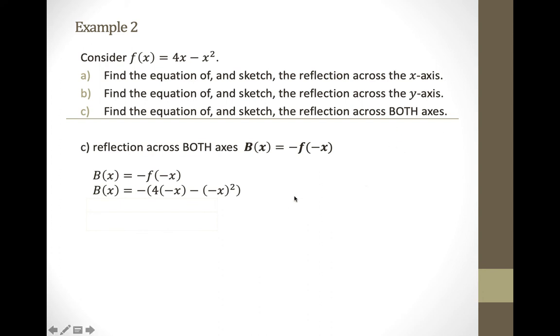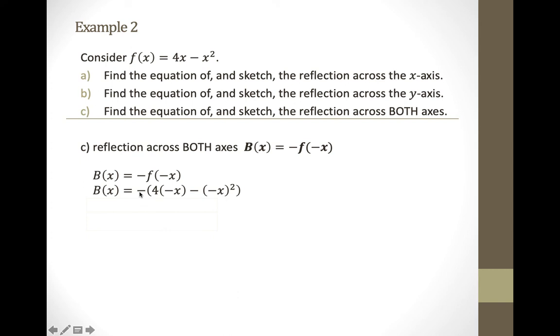The negative is still out the front. The negative x gets substituted all the way through. 4 times negative x is negative 4x. Multiplied by the negative, it'll be positive 4x. Negative x all squared is positive, but it's multiplied by the negative. So you have negative x squared.